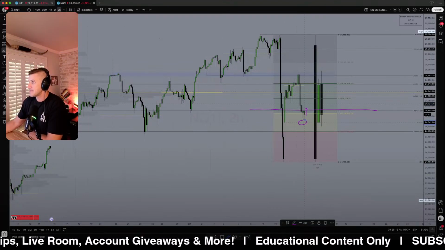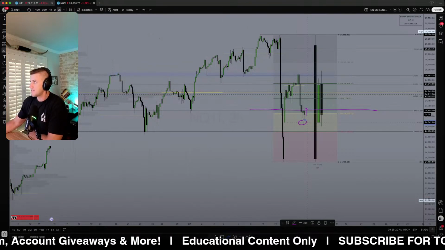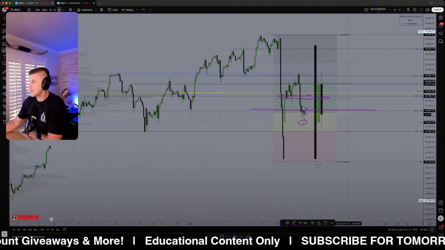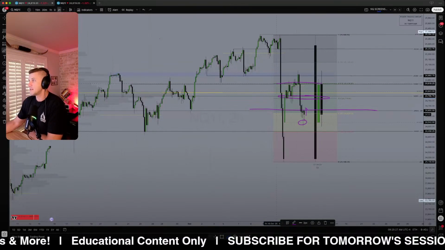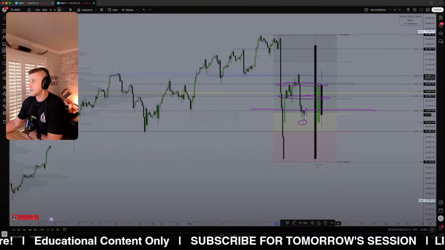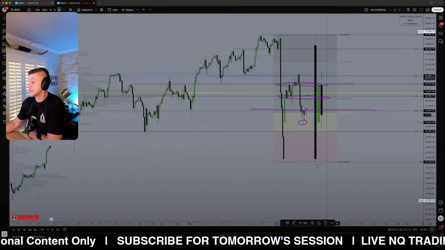If buyers are successful with action above 655, I'll be looking for this area, which is 24,800, and then potentially up into 24,900. We'll see how much volatility we actually get today.